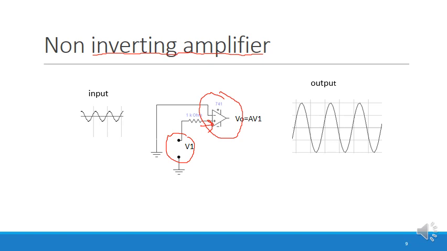Amplified and non-inverting. So that is why we have taken here V output is equal to A into V1.